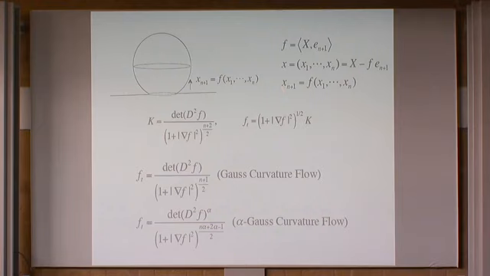By simple computations, you can show the Gauss curvature is given by this equation, which is of Monge-Ampère type, because if you are close to the free boundary, then the gradient of f is almost 0. So it's pretty close to the Monge-Ampère equation with these error terms. And for the alpha-Gauss curvature flow, you do have alpha, and this alpha will give you different classes of operators, depending on the range of alpha.